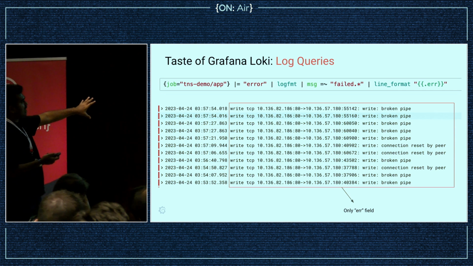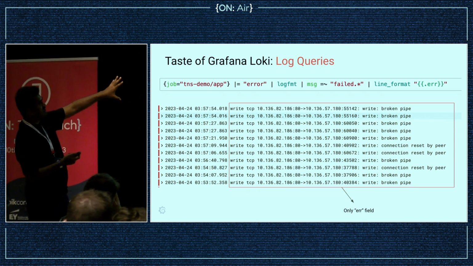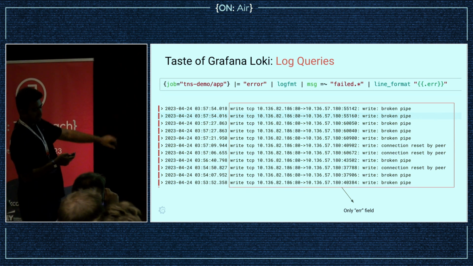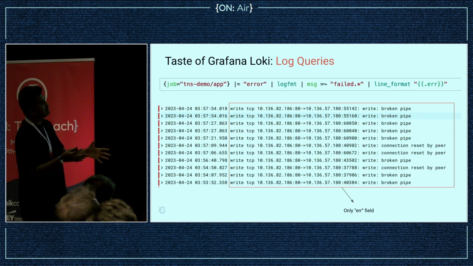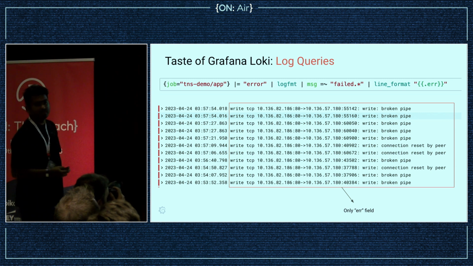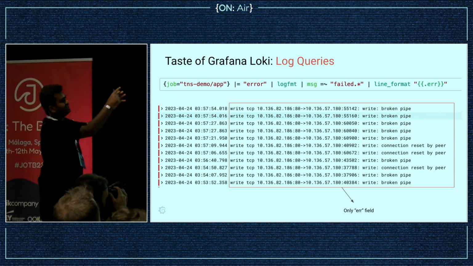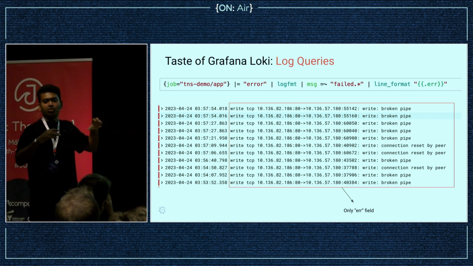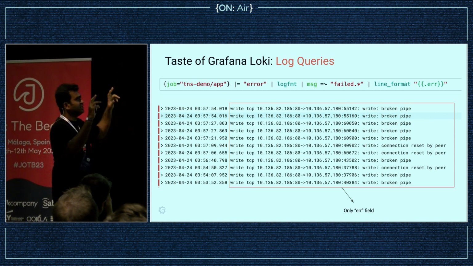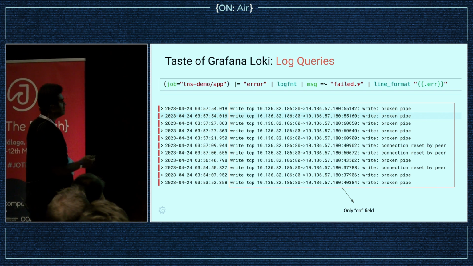And this is another query. The only additional thing here is the formatter. Compared to the previous one, here you are printing only a section of your log line, just the error field, for example. This template is like a Go template, so it's a tiny language on its own. You can do all kinds of template processing within that line format, just to give you an idea.